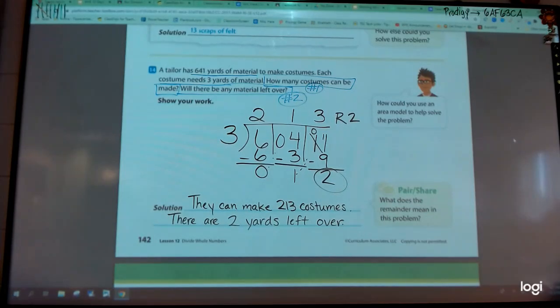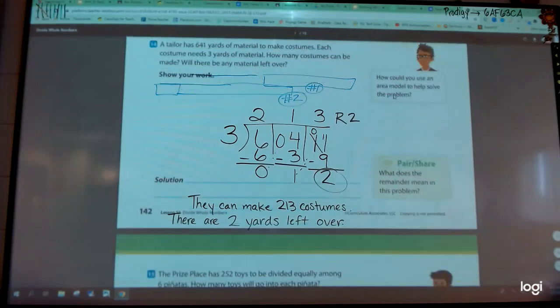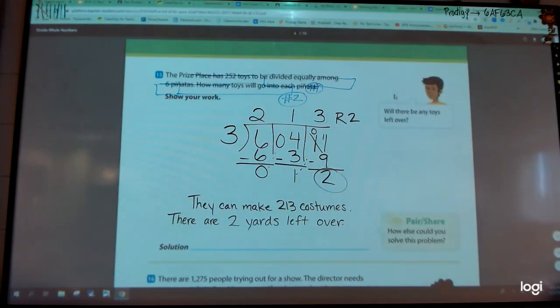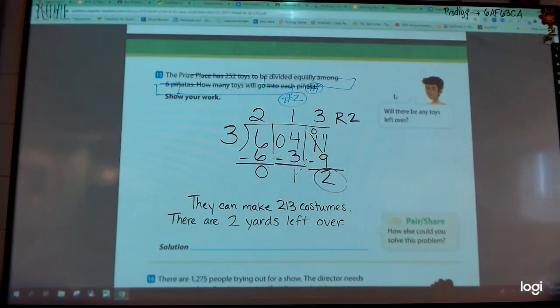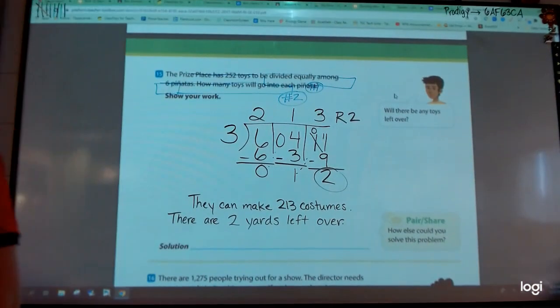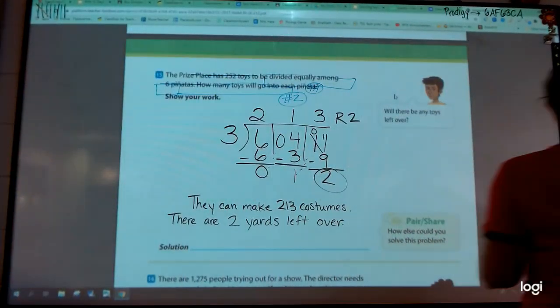Can I have a reader for number 15? Noah? A prize place has 252 toys to be divided equally among 6 piñatas. How many toys will go into each piñata? All right.